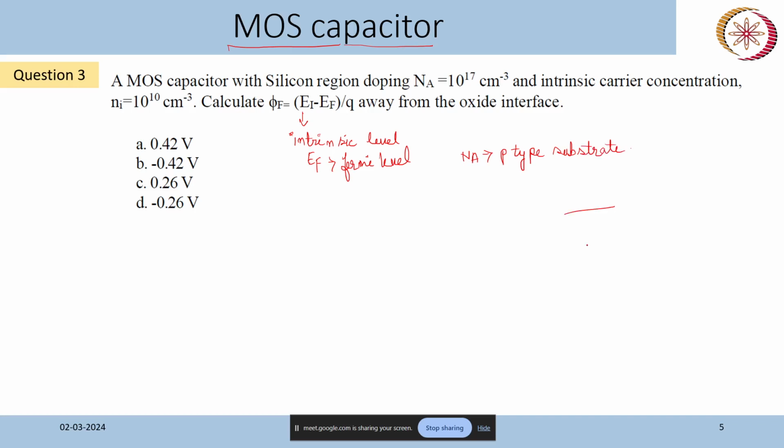For a p-type semiconductor, if this is Ec, this is Ev, and this is the intrinsic level, which we consider approximately as the middle of the band gap, then Ef will lie below the intrinsic level. So Ei minus Ef by q is a positive quantity.